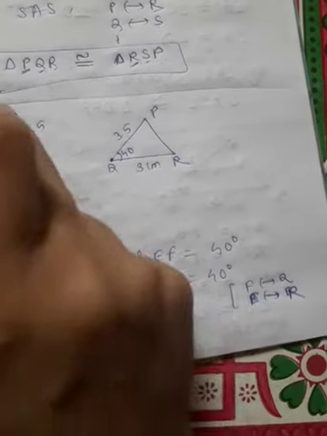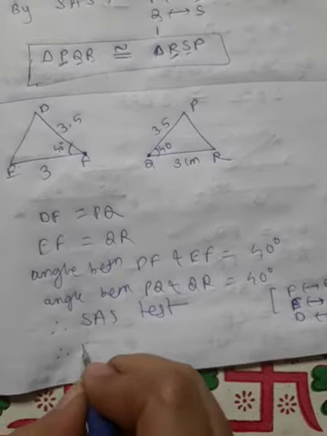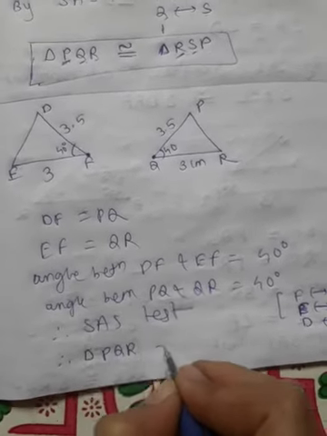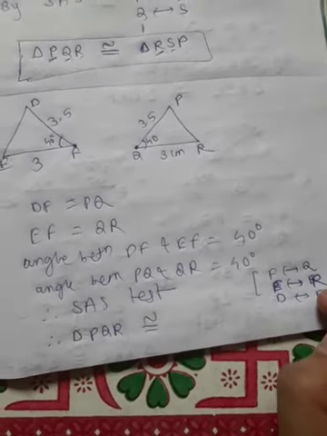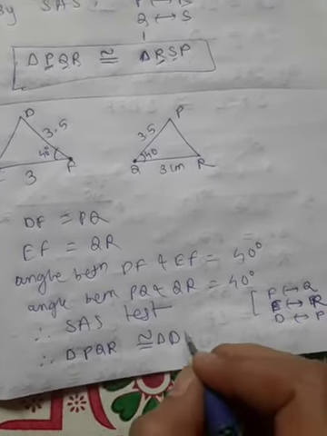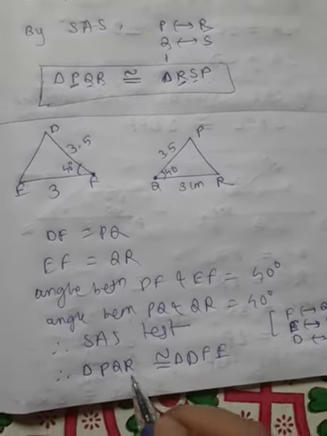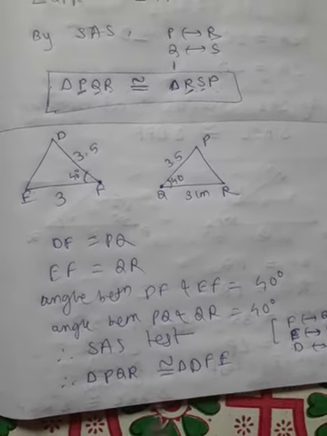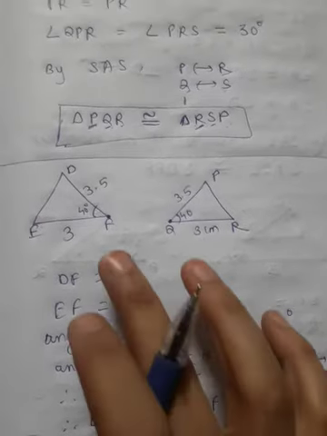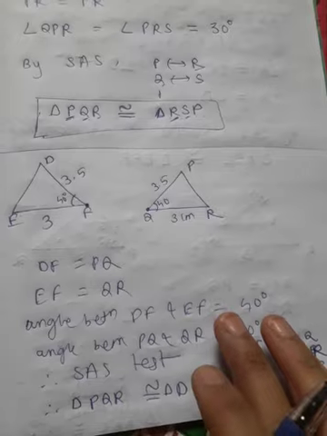Now what remains? D. Now D corresponds to P. Okay, so therefore triangle PQR is congruent to triangle, P corresponds to D, Q corresponds to F, and R corresponds to E. Okay, so triangle PQR is congruent to triangle DFE. Okay, so by SAS test you can check whether the given two triangles are congruent or not.